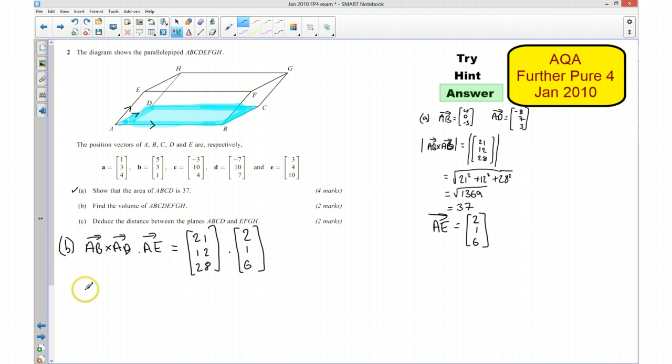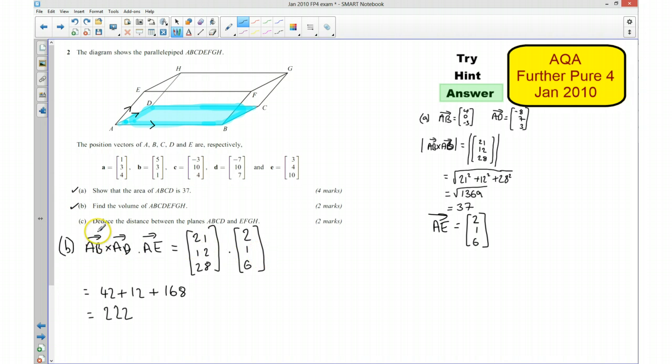So the dot product of that is going to be 21 times 2, which is 42, plus 12 times 1, which is 12, plus 28 times 6, which is 168. If I add all those together, I get 222. So the volume of this is going to be 222. Part B then.